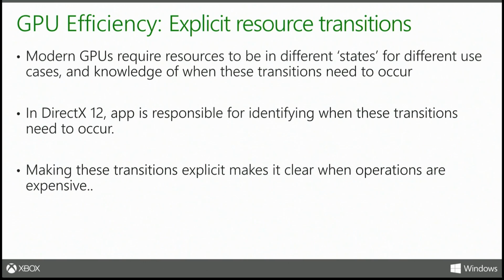The canonical example here is basically having a single texture as both a render target and as a texture that you're going to read from. Some GPUs, if it's going to be in the render target format, can have it actually compressed and actually save bandwidth as they're writing to that texture. But when they want to read from it, they have to decompress it. It has to be in a different hardware state for the other parts of the GPU to read from it efficiently. So we have different states for memory on the GPU.